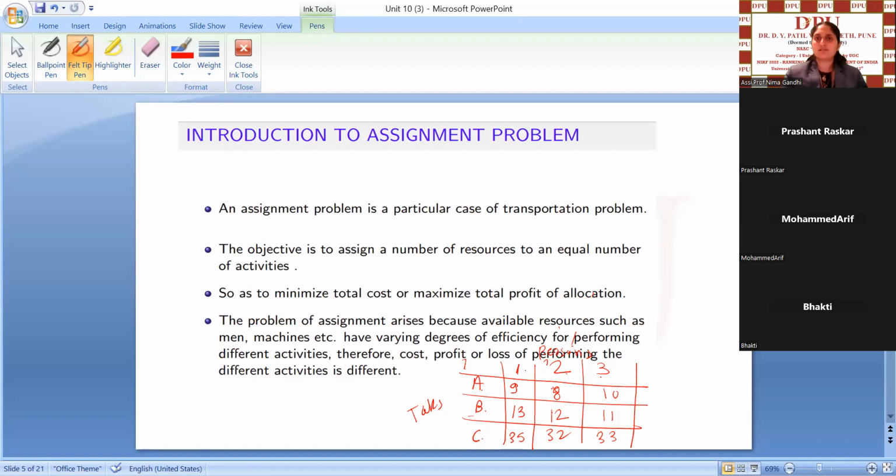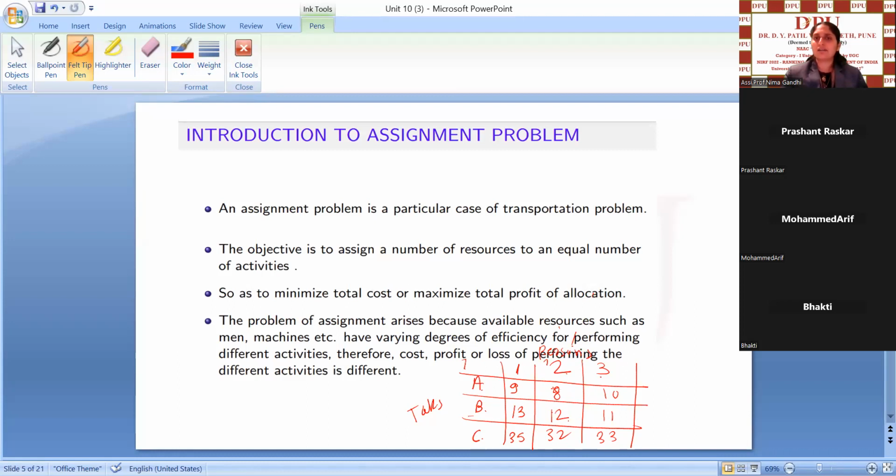So you are assigning one task to a single person. So why does this problem arise? Because for completion of task A, person one is taking, let's say, 9 hours, person 2 is taking 8 hours, and person 3 is taking 10 hours. Also, person 1 is taking 13 hours for completion of task B, person 2 is taking 12 hours, and person 3 is taking 11 hours for task B. So if you see, they have different efficiency to perform the different activities, and that's why the cost involved is different.